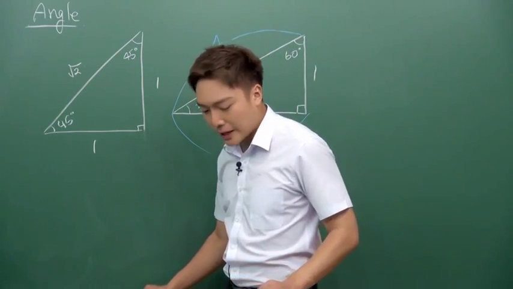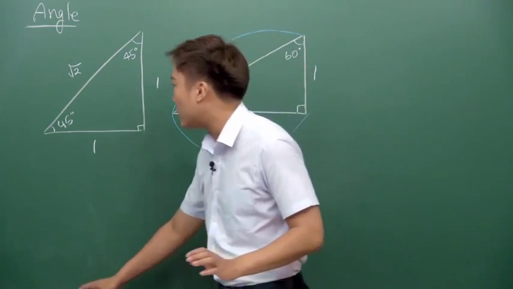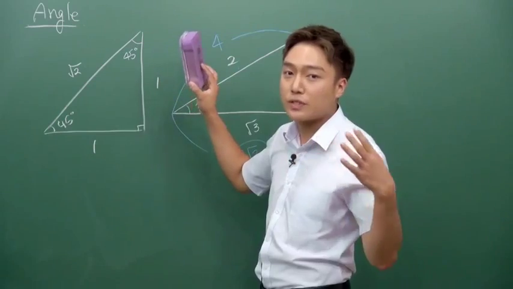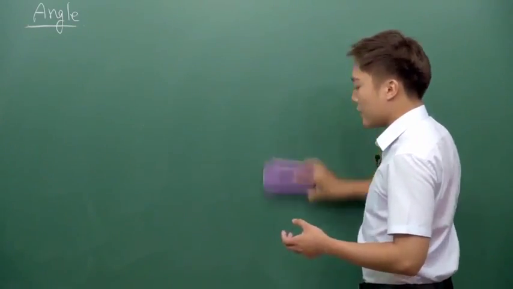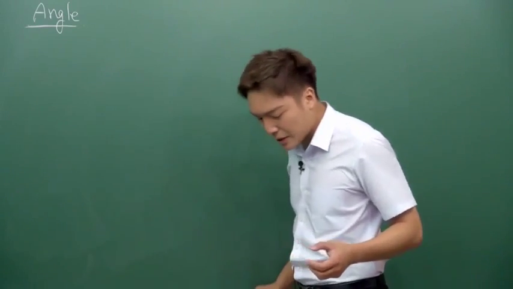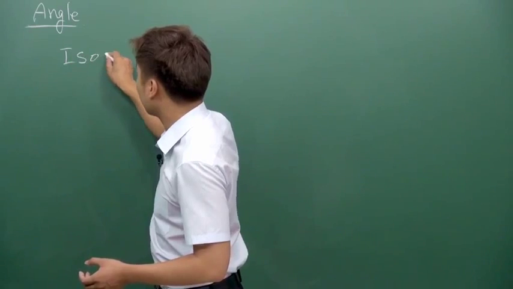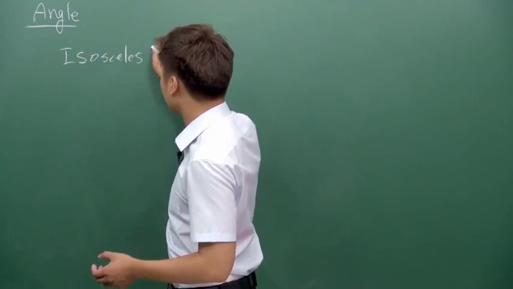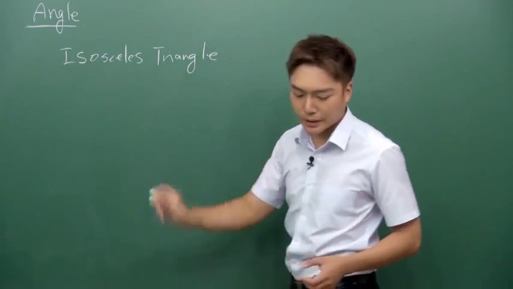Now, let's see. Another thing that you would need to know, as we're looking at different types of shapes in geometry, is something called an isosceles triangle. Okay?